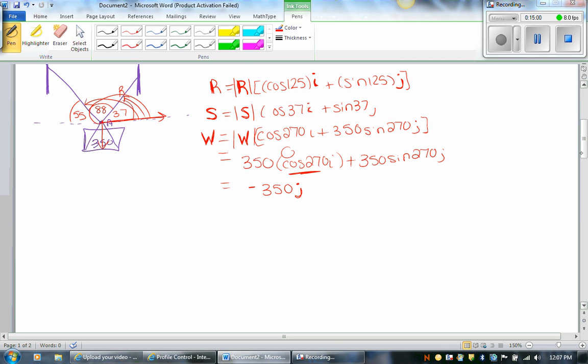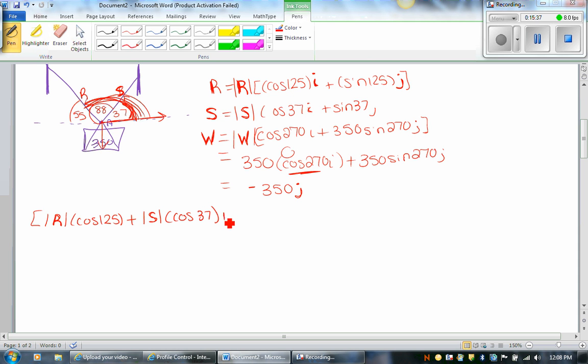Okay, so substituting for R, S, and W in R plus S plus W equals 0, what we wind up with, and I know this is long, I apologize, guys, we're looking at the magnitude of R cosine of 125 plus the magnitude of S cosine of 37. So really this should be R, this should be S. Here's my 37, here's my 125.